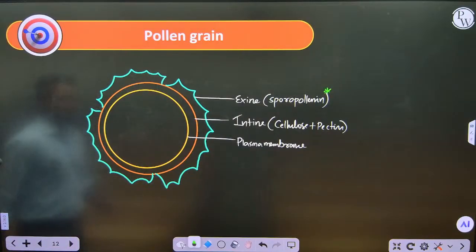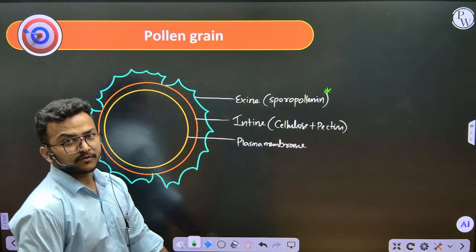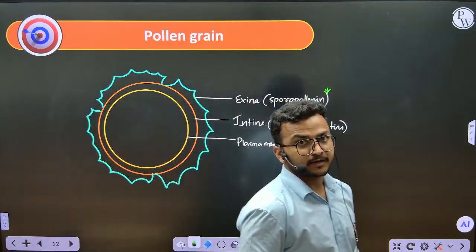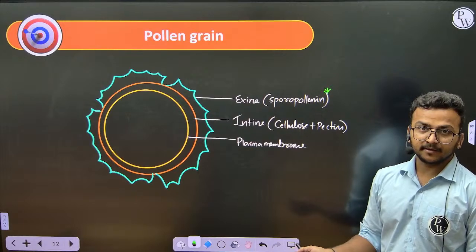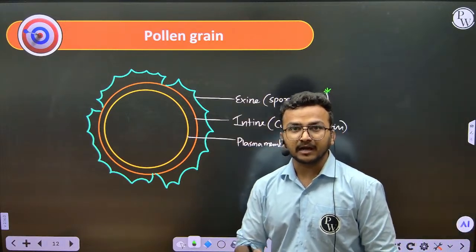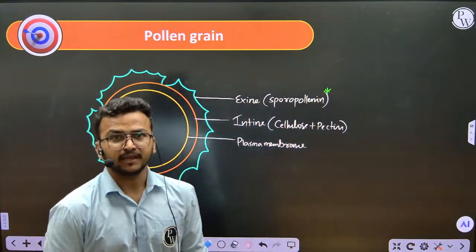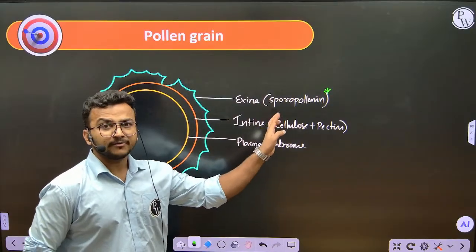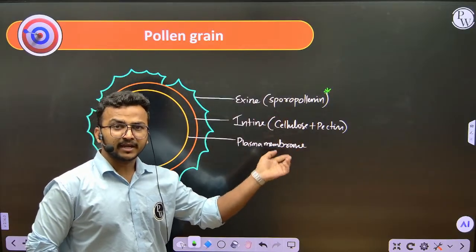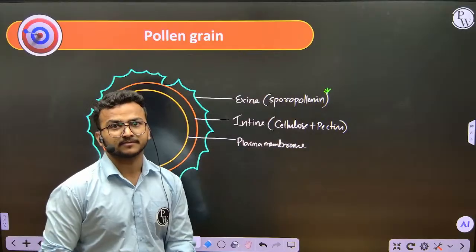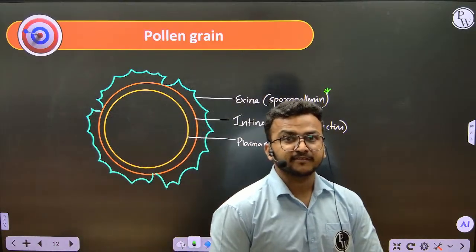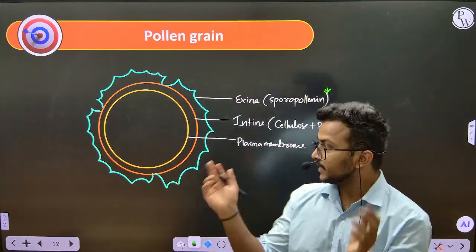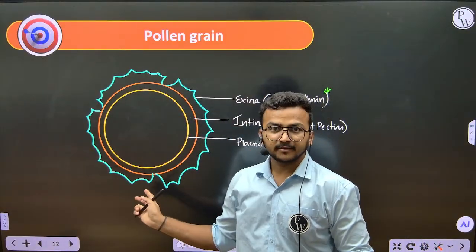So exine of the pollen grain is made up of a chemical called sporopollenin, and that sporopollenin is the hardest organic substance which cannot be dissolved with any alkali or any enzyme or any acid. So that is the hardest organic substance which is covering this pollen grain.